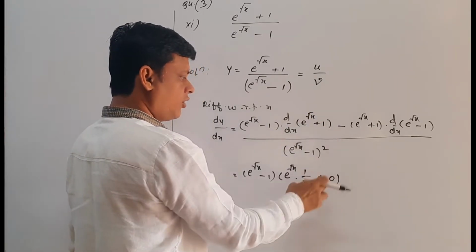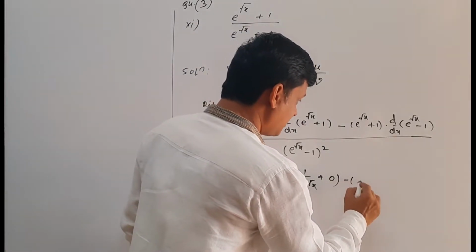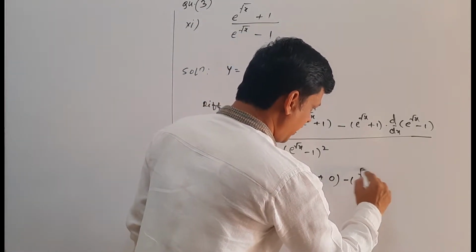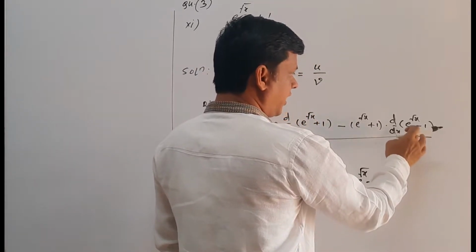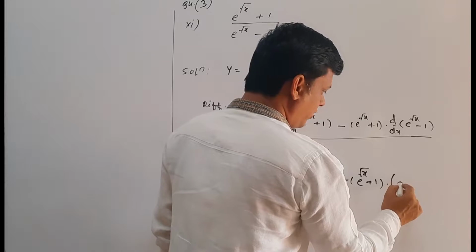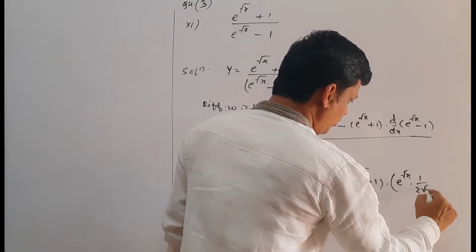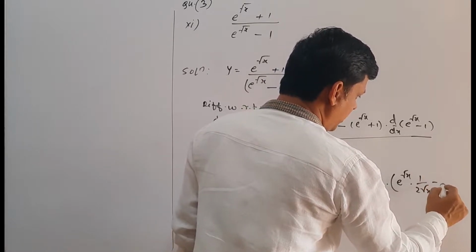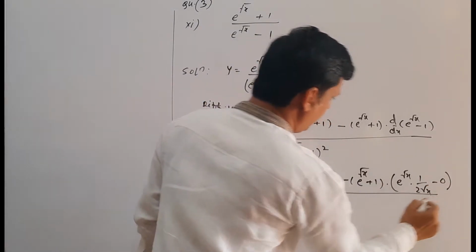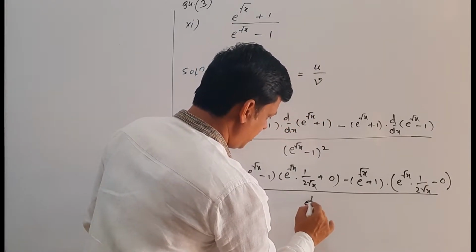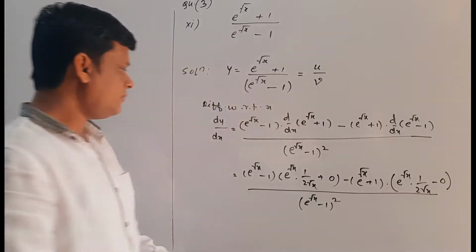Now 1 is a single constant, so its derivative is 0, minus e raised to the power root x plus 1 into, now again the derivative of e raised to the power root x, we get e raised to the power root x into 1 upon 2 root x, the derivative of 1 is 0, so we write minus 0 upon v square, that is e raised to the power root x minus 1, its bracket square.